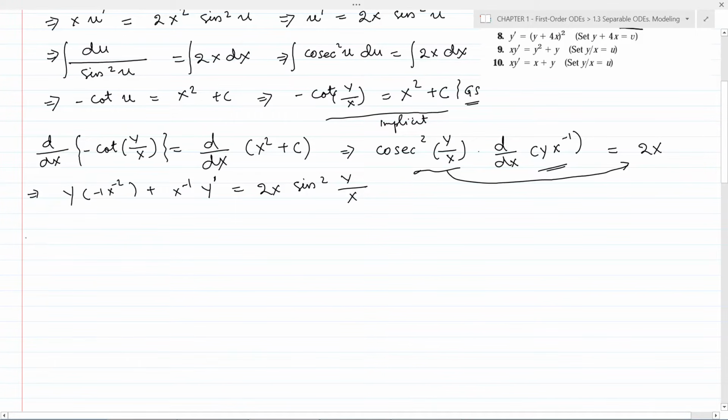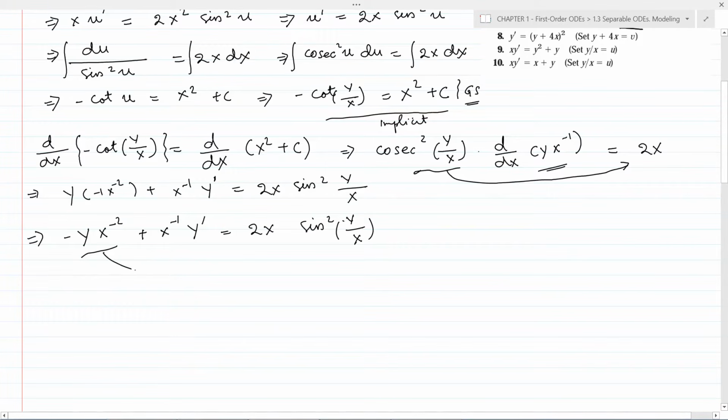This we can write as minus y x to the power minus 2 plus x to the power minus 1 y dash is equal to 2x sine square y by x.